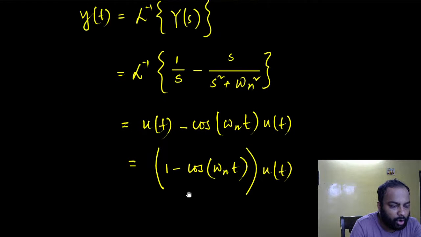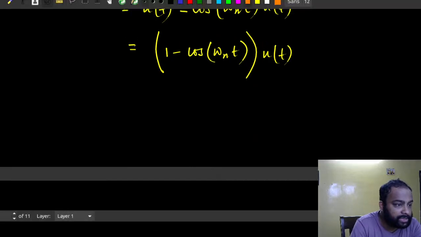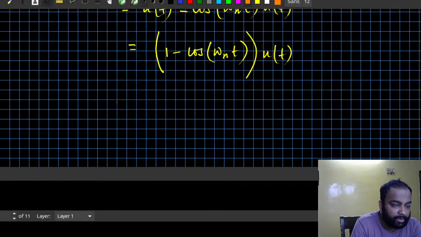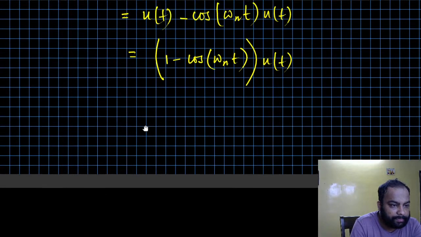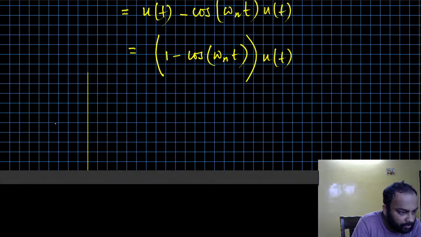So let me draw the output here. There is no point considering the output before t equal to 0 because that's 0.